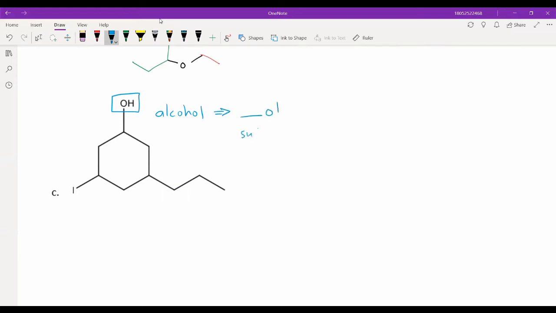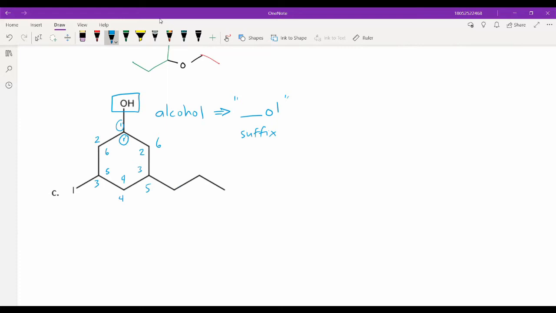So this is the suffix from the table. That, again, gets priority. So when we number the ring, we can go either way, that way, or 1, 2, 3, 4, 5, 6. Okay, so definitely 1 for the OH.